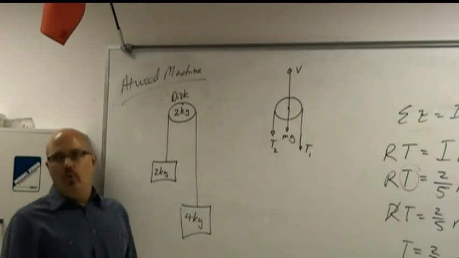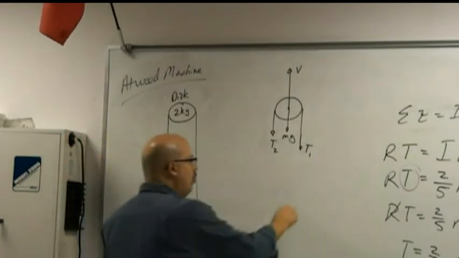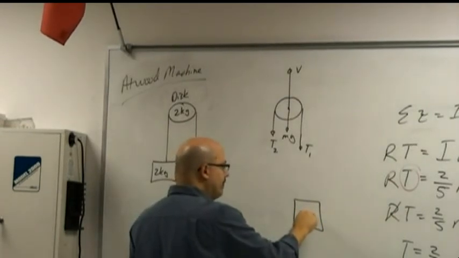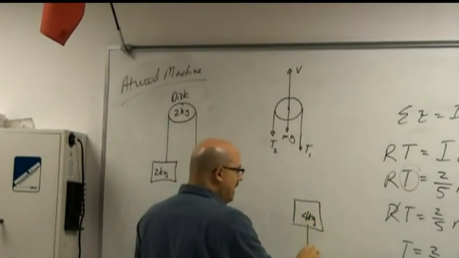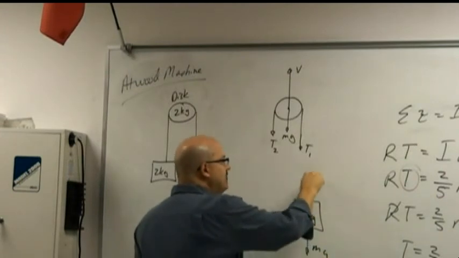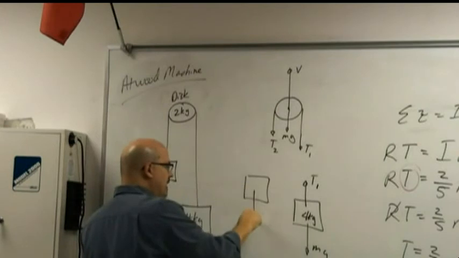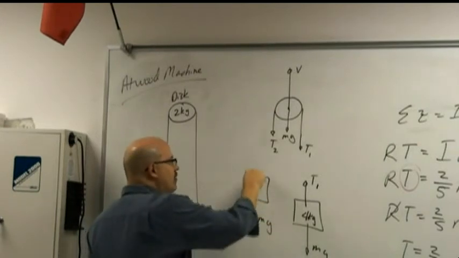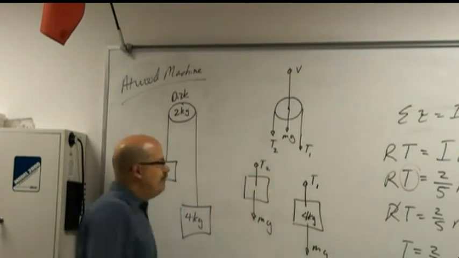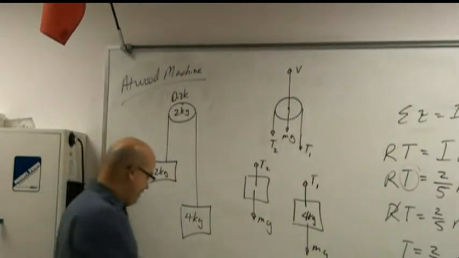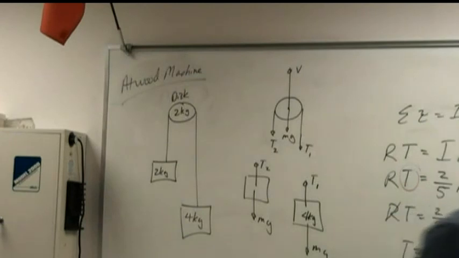So they give a different force. And then this 4 kilogram mass has an mg and a tension over here, that's T1. And your 2 kilogram mass has an mg and a T2 over here. And the pulley is a disc. Okay, that's assignment number 1.